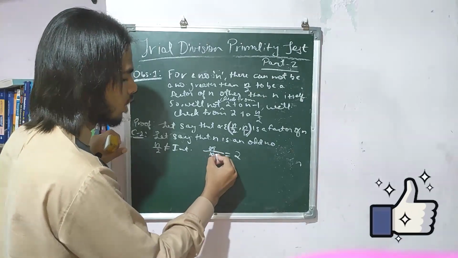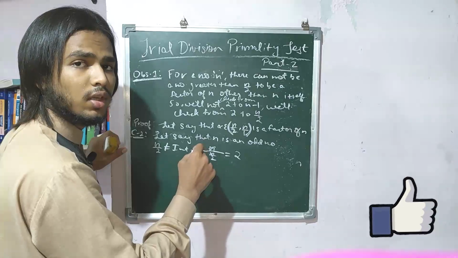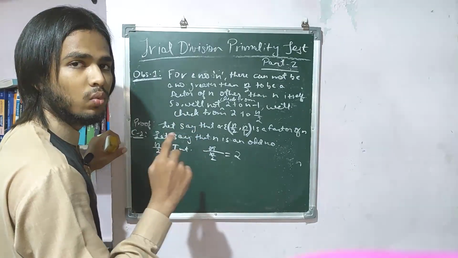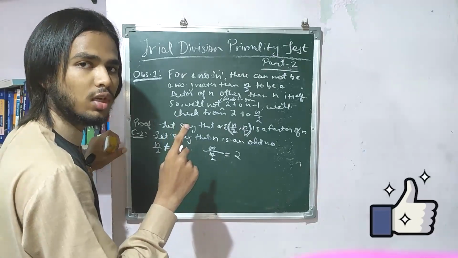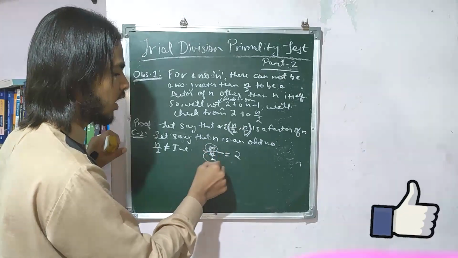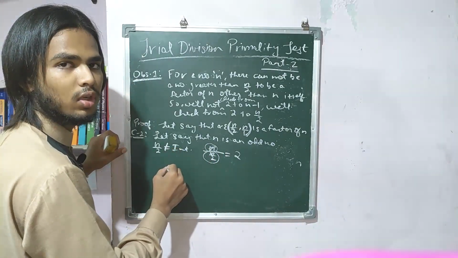This n by 2 will not be considered a factor of n, because the definition of a factor is a natural number which divides the given natural number completely. So here n is a natural number, but n by 2 is not a natural number. It is not an integer, it is some decimal quantity.